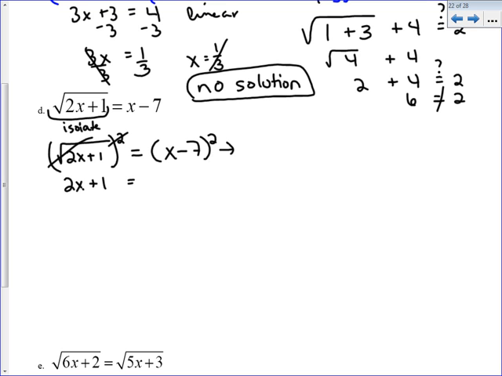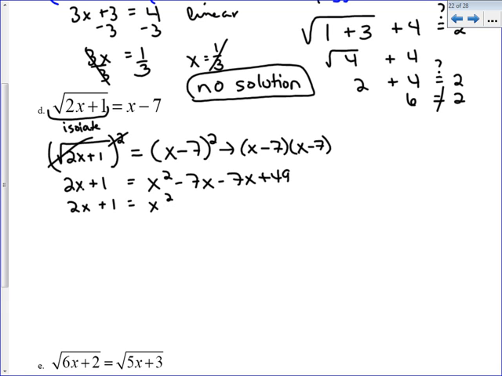Yeah, so we've got to go back to that second day of class. Write that twice so we can FOIL it. So we're going to get x squared minus 7x minus 7x plus 49, which is x squared minus 14x plus 49.